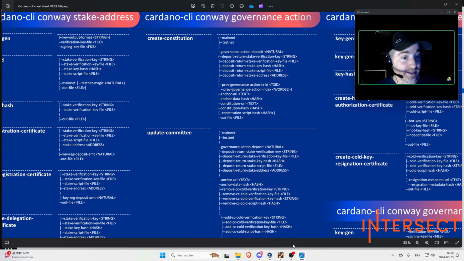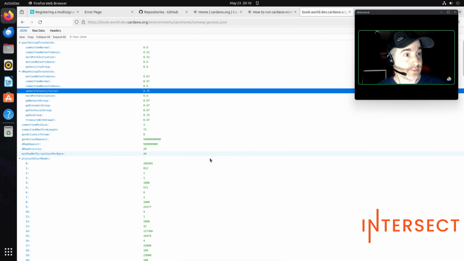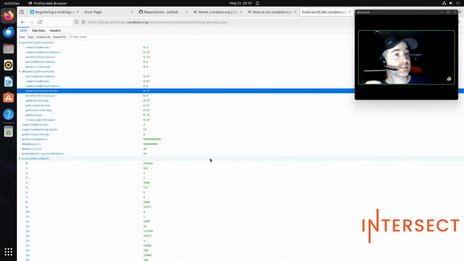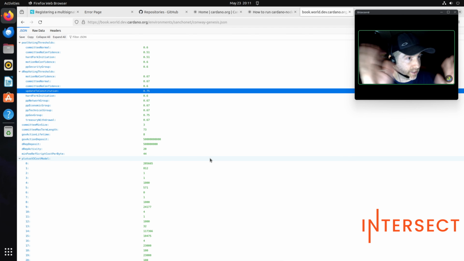Yeah, so that being said, the Constitution itself is going to have guardrails specifically for the committee. The idea behind that is that, let's say the minimum acceptable threshold for a governance action would be the soft majority, like 51%, for example. That's just an example.